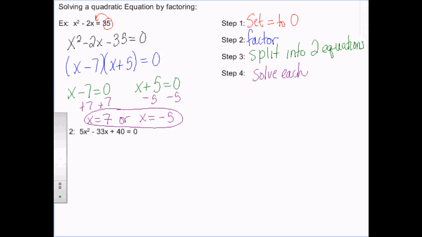Okay, so I need a fact. This one's already set equal to 0, so I don't have to do that. If it's already there, you're done. Do you guys want me to make the table to factor this, or the factoring by grouping thing? This table. Okay, I have a second and a first.